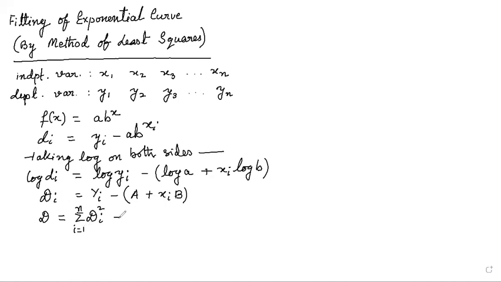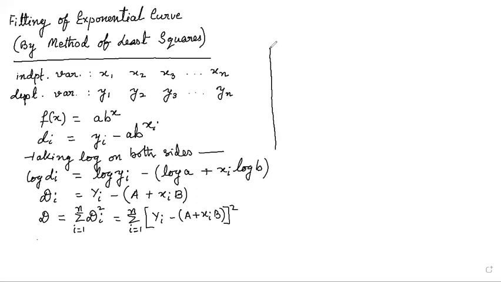So this will take the form summation i varying from 1 to n of yi minus a plus xib whole square, right? Now we are going to minimize this capital D, as capital D is what? The sum of the squares of the distances of the curve taken from the given bivariate points in the data, right? Now our next task is to minimize D.